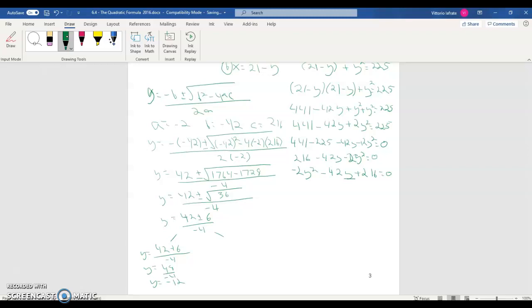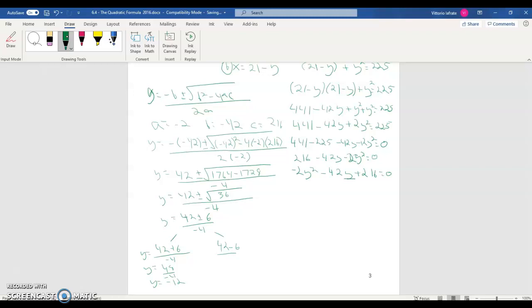That's one possibility. We can do our other possibility as well. So for our other possibility we have 42 minus 6 over -4. Let me just make sure that actually is -4 there, just to double check.